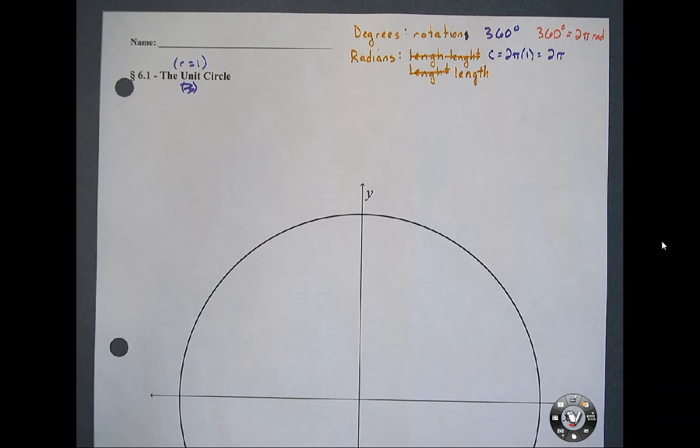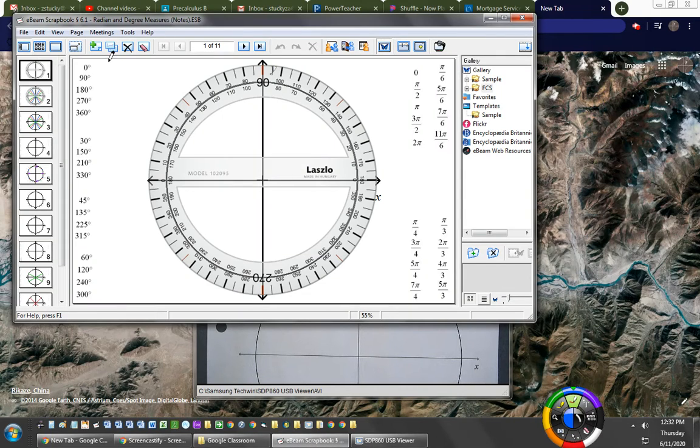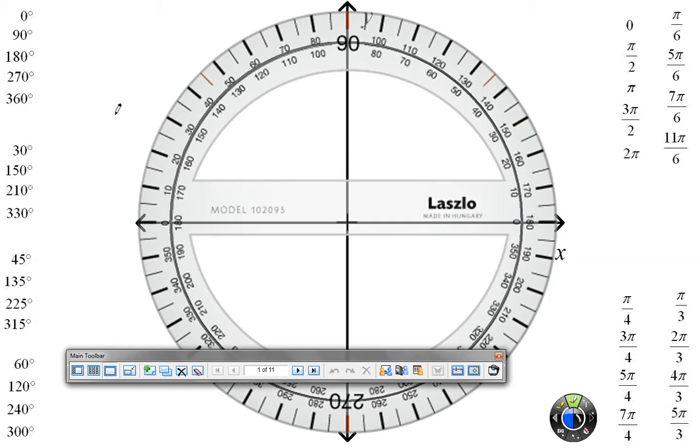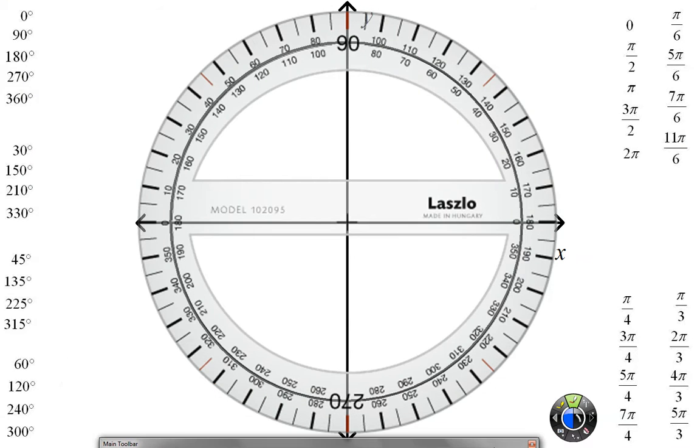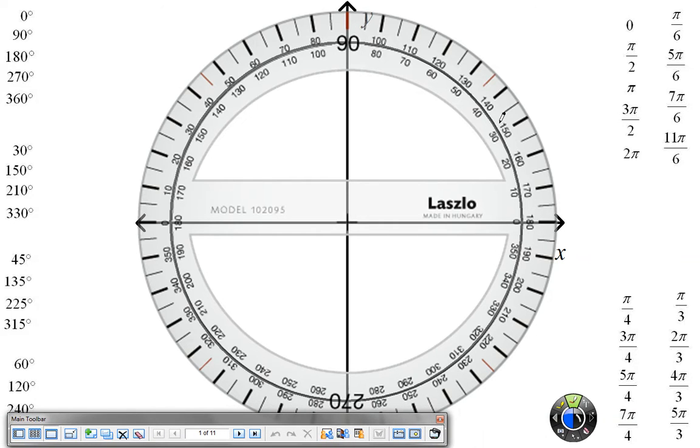You have probably thought of this before, but here is a picture of the unit circle with a compass placed on top of it. So we have 360 degrees, and we got 90, 180. Most of these you'll feel pretty good about.